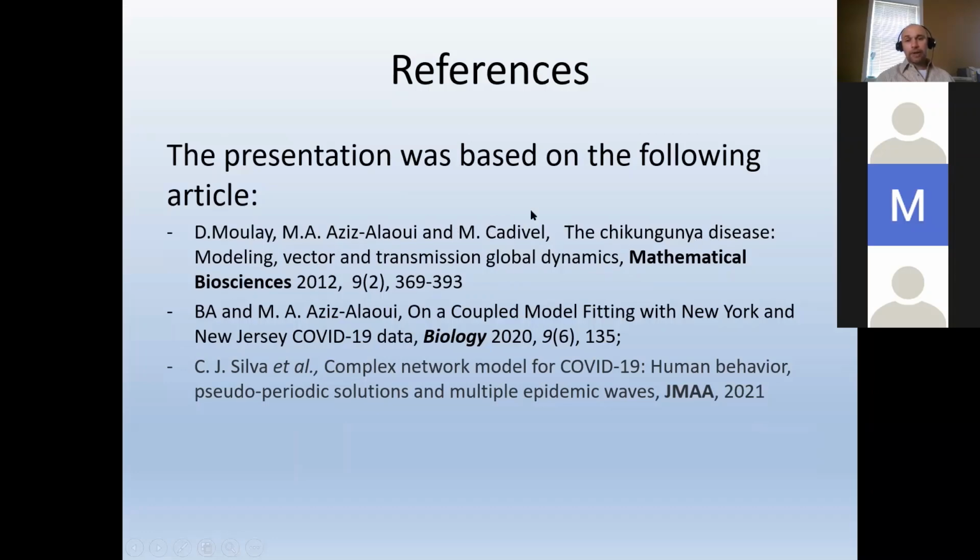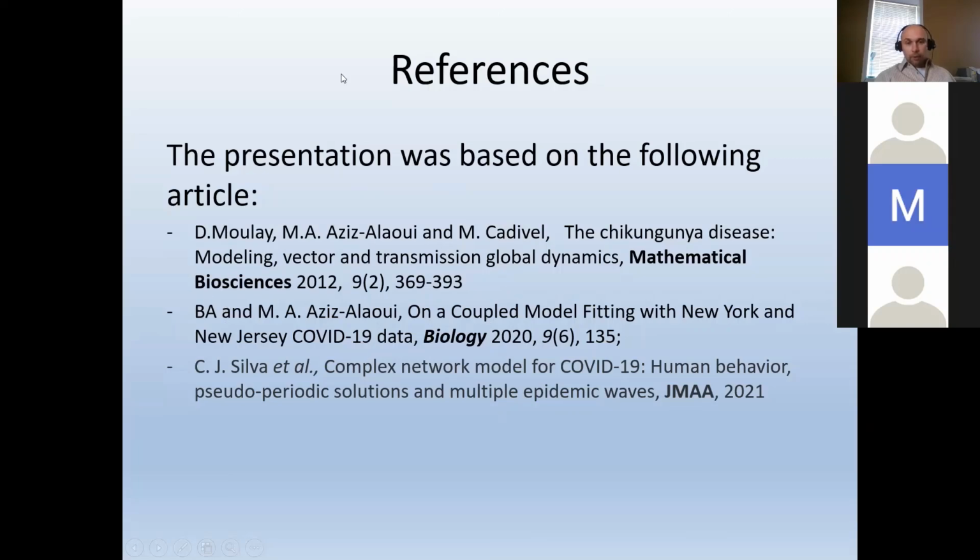There is a book of Murray, a famous book called Mathematical Biology. It's very well known, and there is a chapter on epidemics, which is interesting to read. I spoke also about the talk of Jacques de Mongeau. It's a video on YouTube that you can watch.